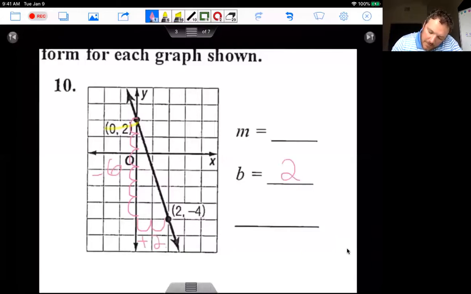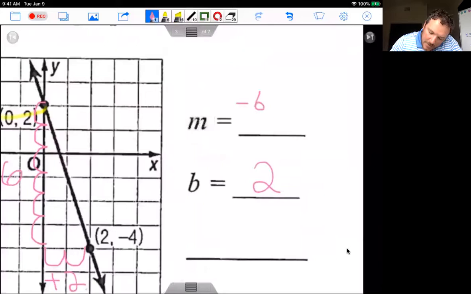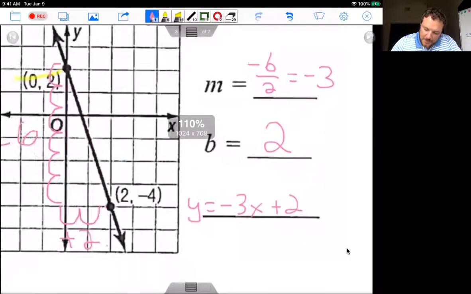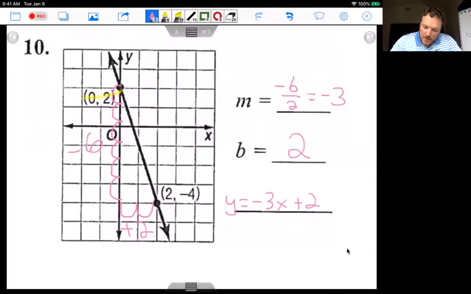So I have negative 6 over 2, which would be a slope of negative 3. So my slope intercept form would be y equals negative 3x plus 2. Okay? Y equals negative 3x plus 2. Okay.